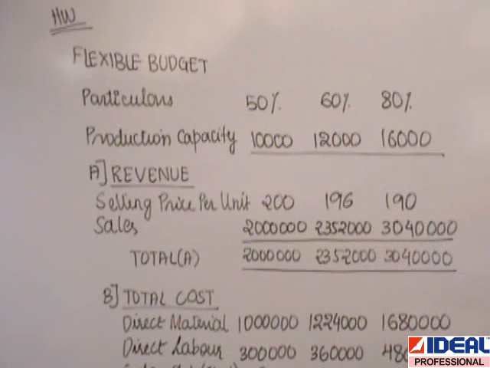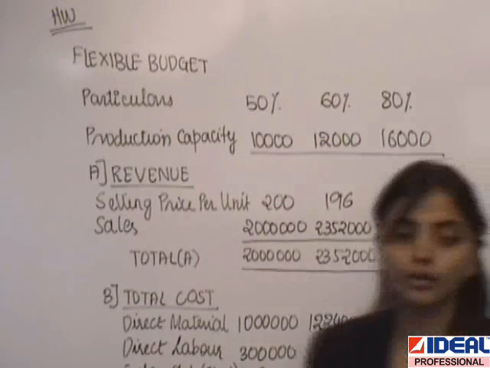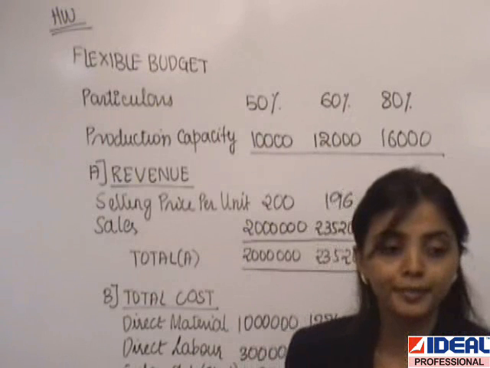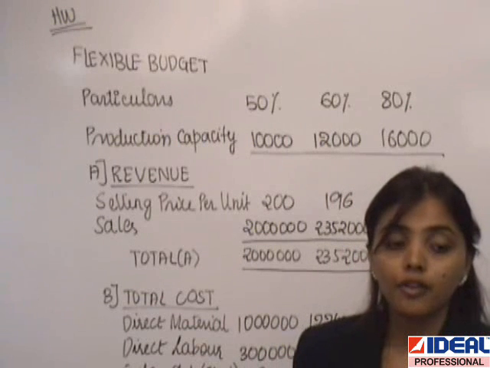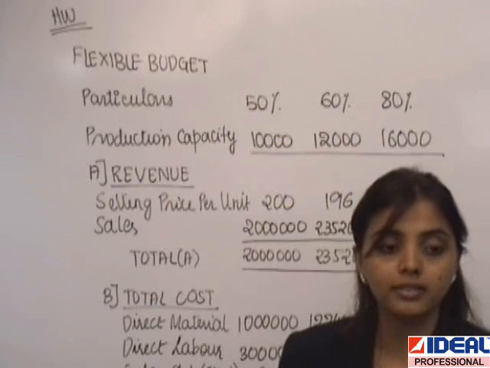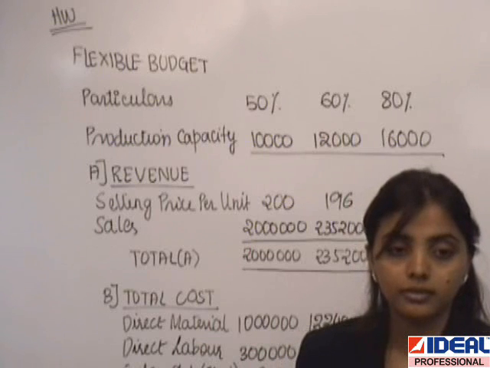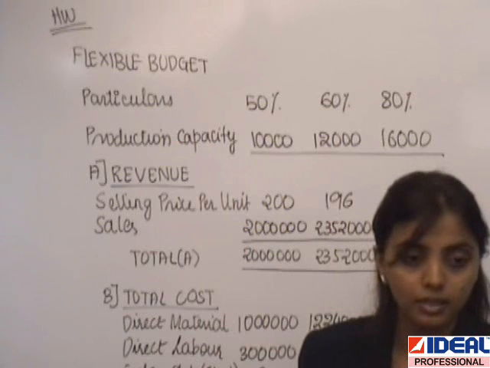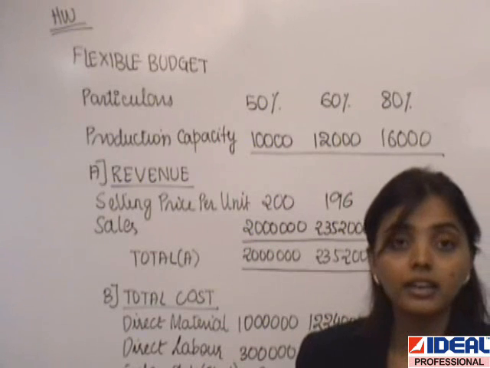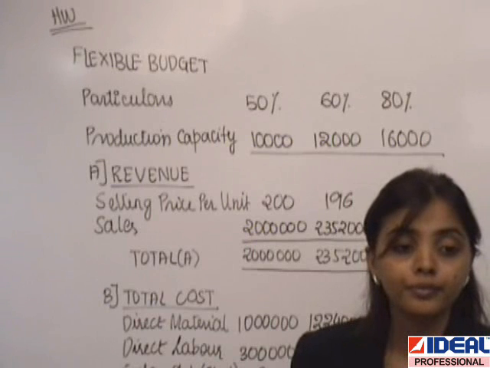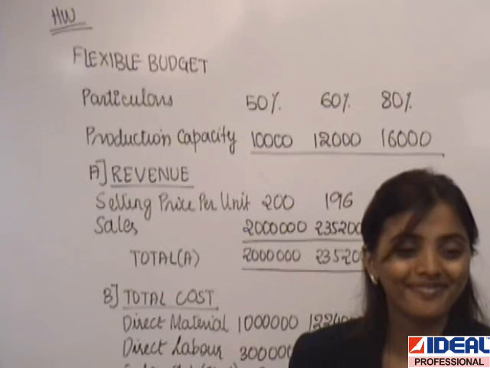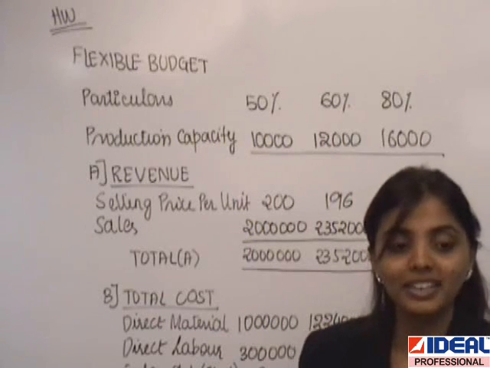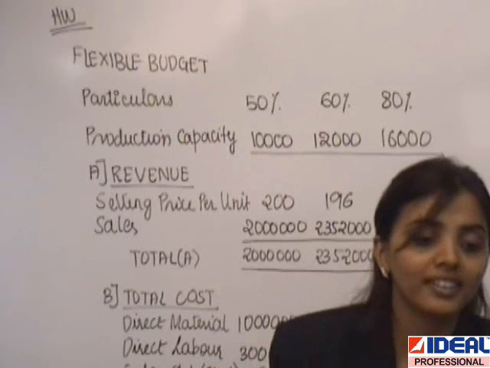And what else? Then for 60% how much will it be? Tell me. For 60% it will be how much? For 12,000 units it will be 12,000 into 16. 1,92,000? No, 1,20,000. Are you sure?